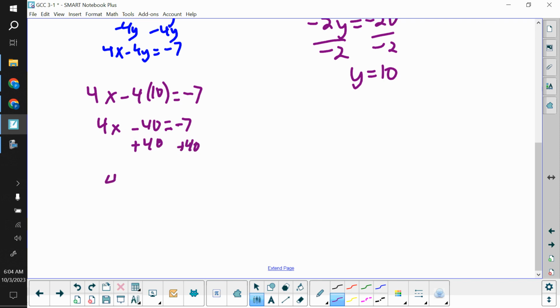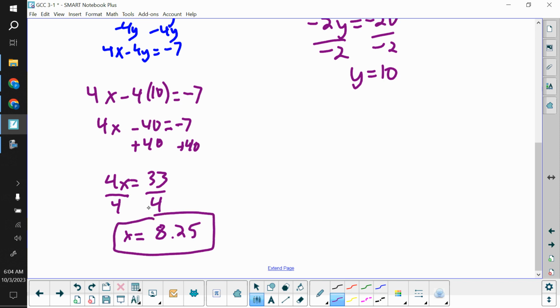Add the 40 over, you've got 4x equals 33. Divide by 4. This is not going to come out as an integer, but it does come out reasonably nice. It'll be 8.25, or you could just leave it as 33/4, and that would be fine as well.